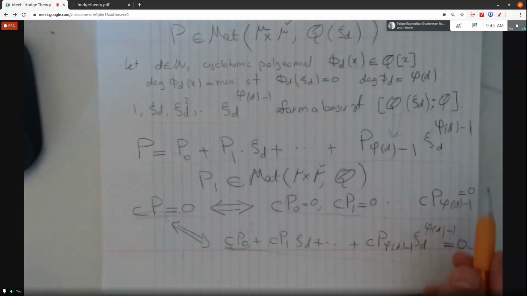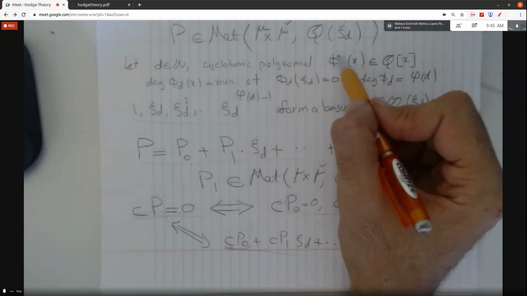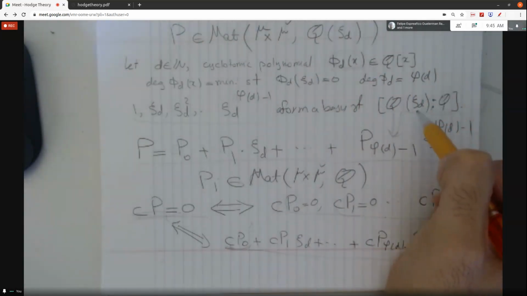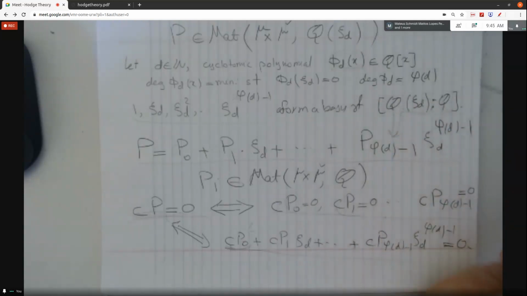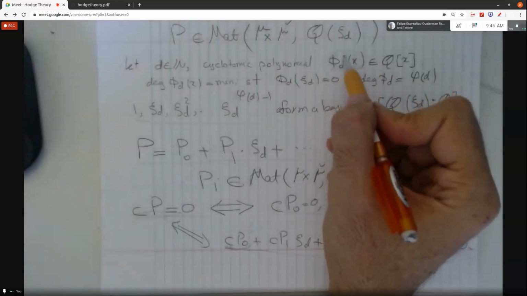So what I actually need is the basis of this guy. I will not need the cyclotomic polynomial itself, but I need this basis. Maybe I should say where the cyclotomic polynomial might be used.